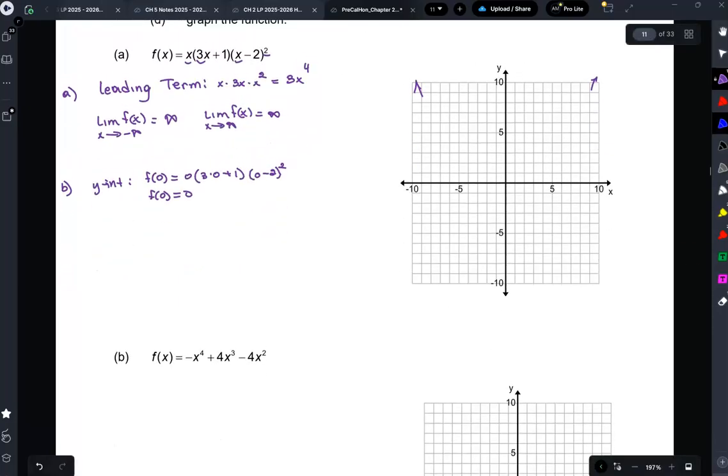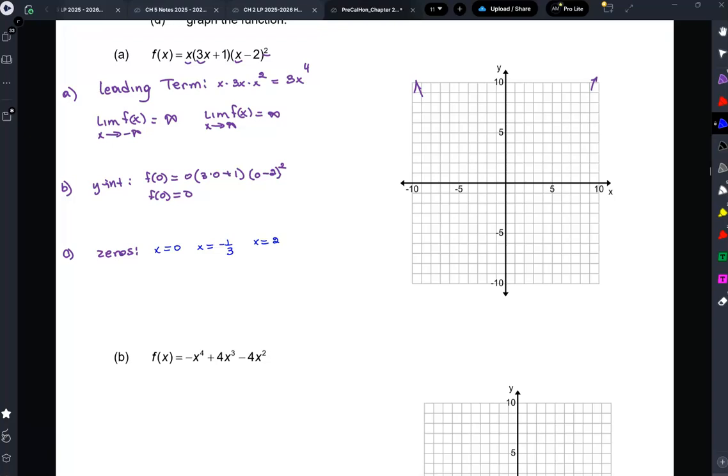And then the zeros are, since this is factored for us, it's easy. You have x equals 0, x equals negative 1 over 3. But then you also have x equals 2.